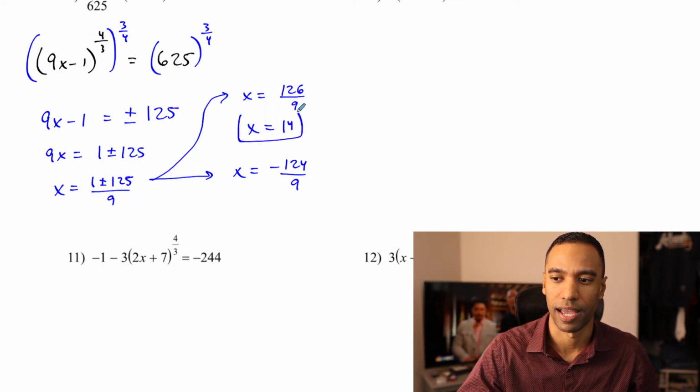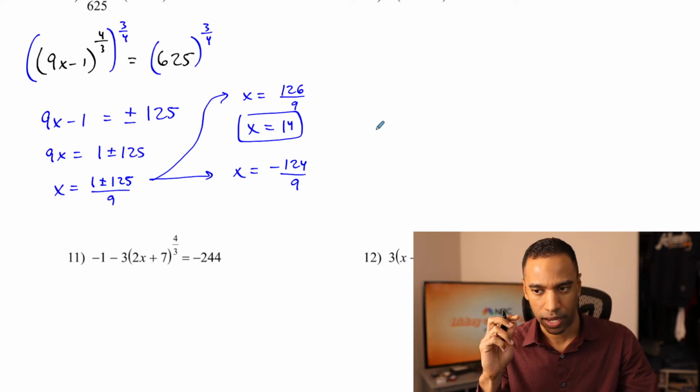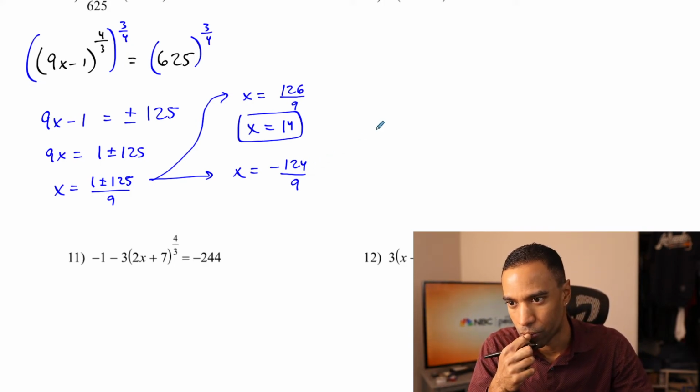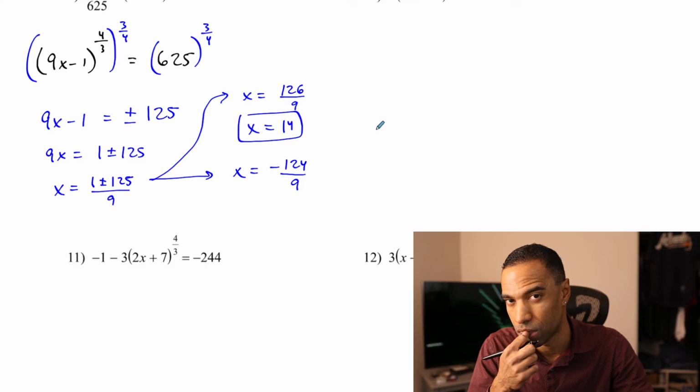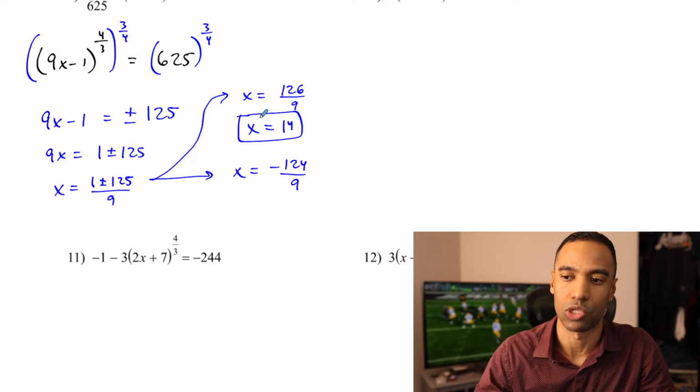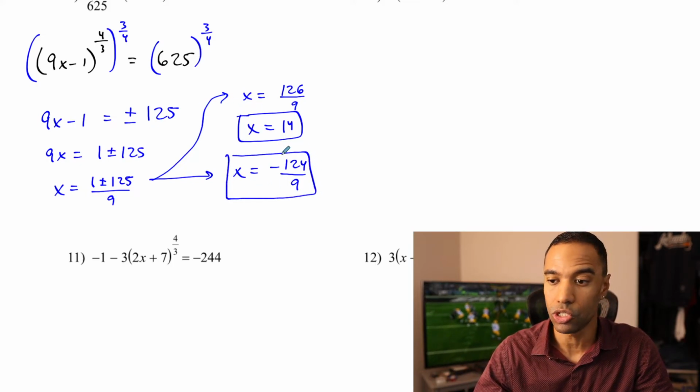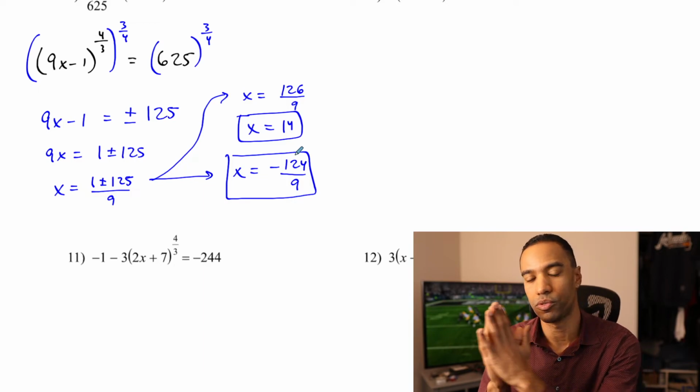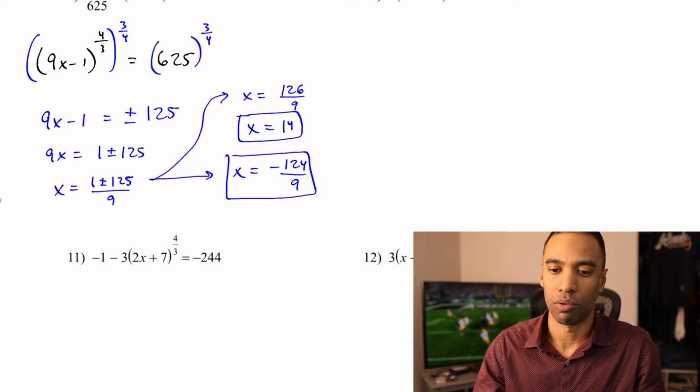So 14 for that guy. This can't divide by 9. And can it reduce? Can 124 divide by 3? I don't think so. No. So I don't think I can reduce. I think that's it. So we kind of have a fraction answer on that one. But it's two different answers. The fourth root's an even root. And we go off of that.